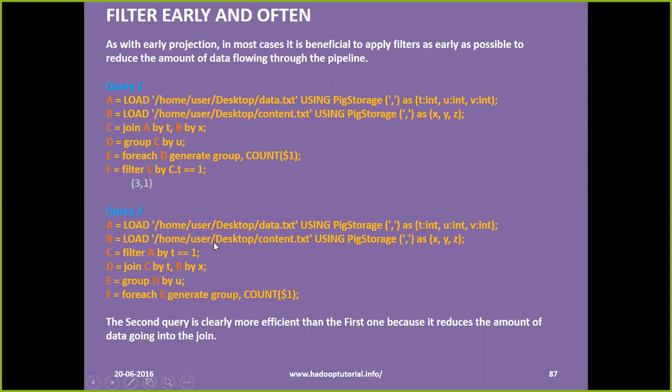Now, before the join and group operations, let's say there are only 10 records that match this t equal to 1 condition, then you will be using only 10 records in the join operation. Whereas without filtering, if you had 100 records, then all the 100 records have to go through this chain of commands.